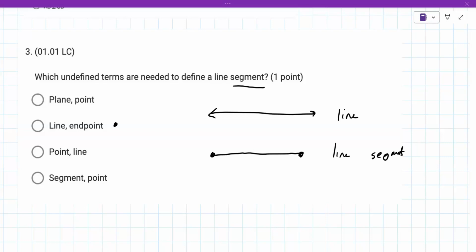Maybe they're looking for line and endpoint, because it's a line with 2 endpoints. The other one makes less sense, because point and line definitely doesn't make sense, it just sounds like a point, not an endpoint. Same with the other ones. I think line and endpoint.